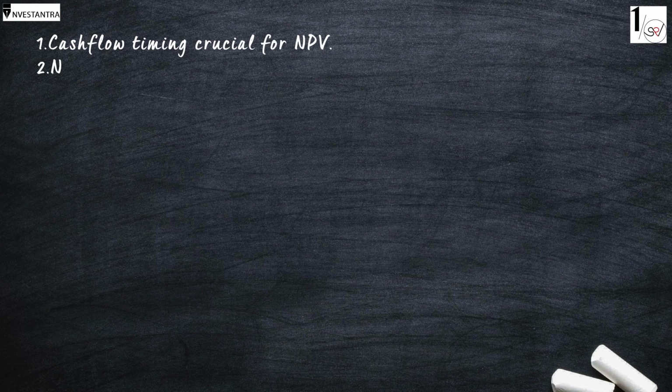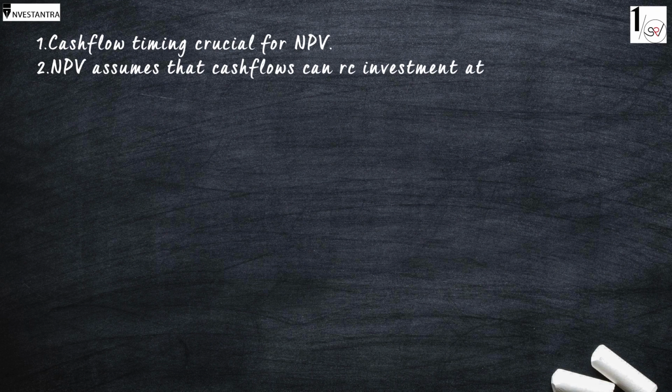What did I say? Two important things: cash flow timing is crucial. Second, NPV assumes that cash flows can be reinvested at the same rate. So this is realistic, right?